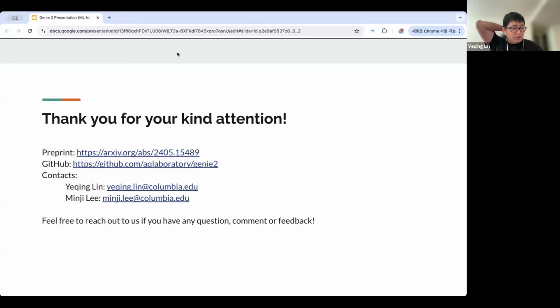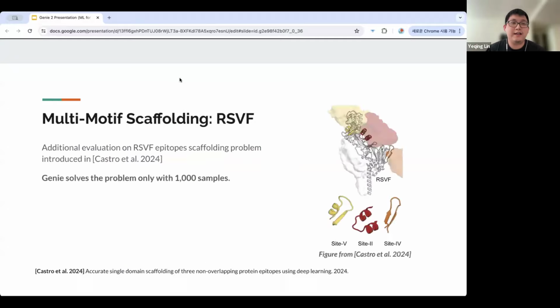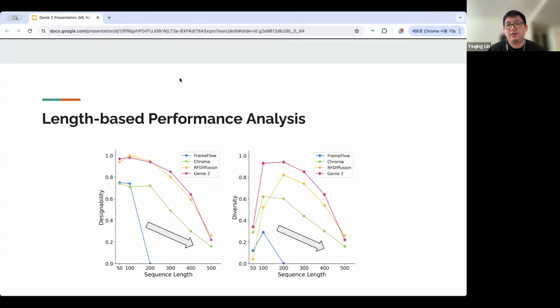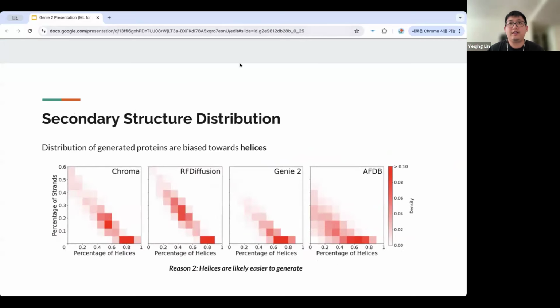Okay. The question of using experimentally validated data like PDB or generated data like AFDB is much more complicated than that. On the one hand, AFDB does have more structures compared to what's available in PDB. However, these AFDB structures are much more challenging to work with because of their quality. In one of our figures, we show that using our designability metric with the scRMSD, only around 40% are actually designable.